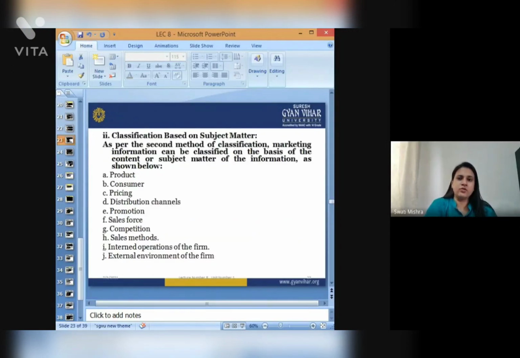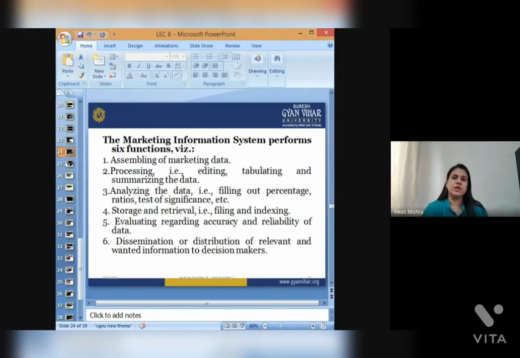And if we classify them based on the subject matter, as per the second method of classification, marketing information can be classified on the basis of the content or the subject matter of the information, like product, consumer, pricing, distribution channels, external environment of the firm, any kind of internal operations of the firm, and so on.